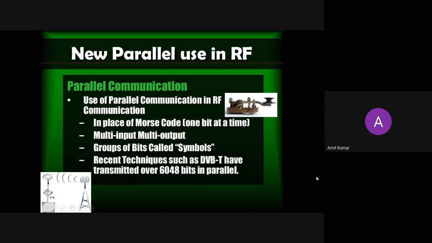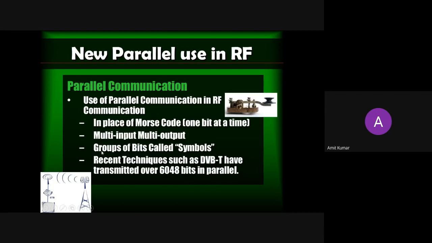You can see the example of a microprocessor or microcontroller, where we need a PATA cable for connecting those things. We need a physical medium for connecting those devices. Now we have moved into the RF world, where we use parallel communication without wire. That is the first time where, instead of Morse code, we sent other data in parallel form wirelessly, from one place to another.